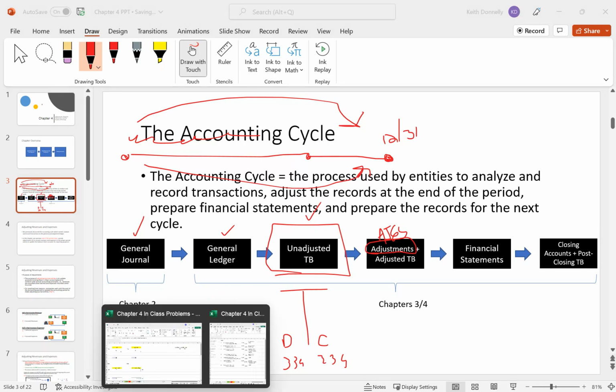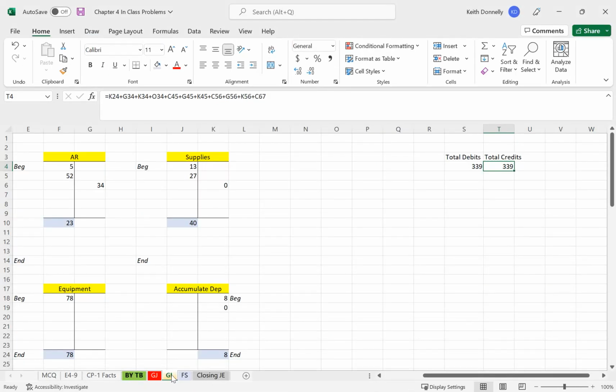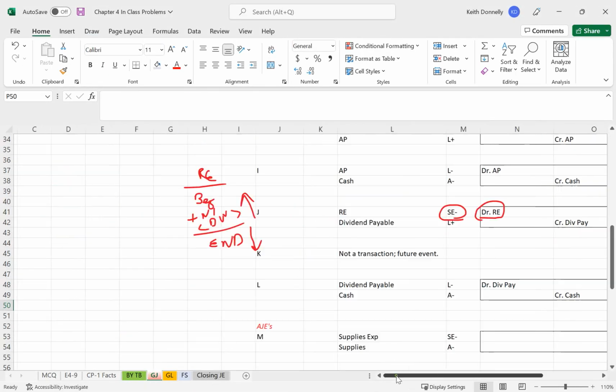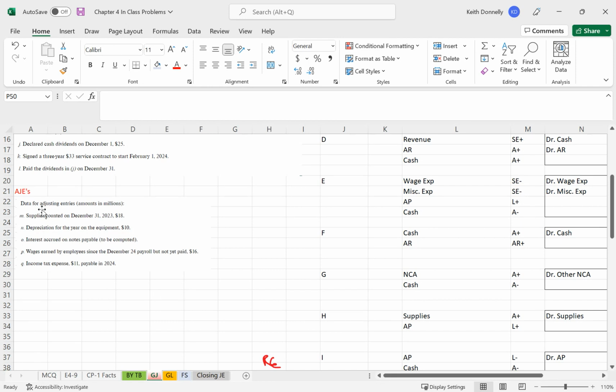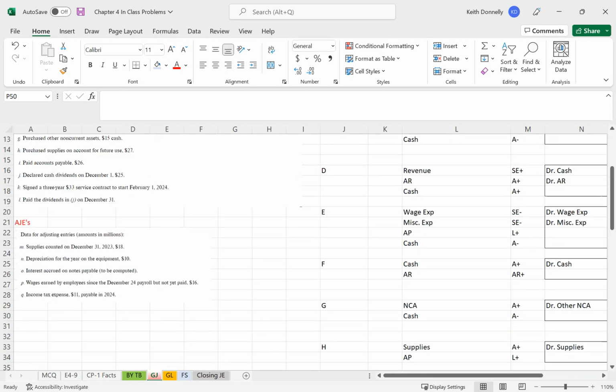So let's go back into the facts here. Looks like we have some adjusting journal entries, M through Q. All right, so let's look at these.